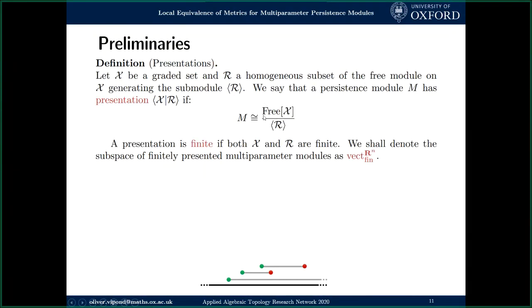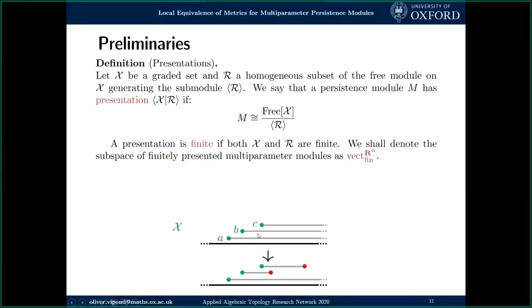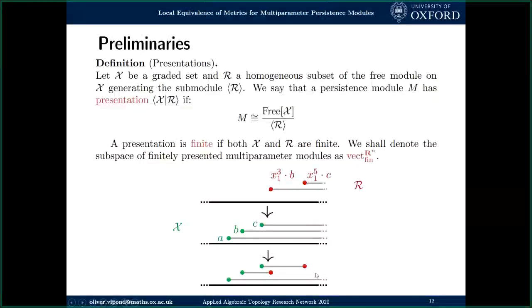In order to define the presentation, I first need to give a free module which surjects onto my module M. For example here, I just need 3 generators in order to surject onto these 3 bars of this module M. And then I want to quotient by the image of a free module R. If I look where these bars have died, then I can pull them back and take a free module on these grades and realize this module M as the cokernel of this map of free modules.